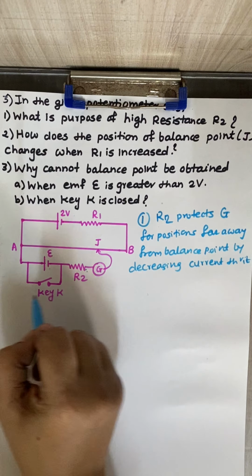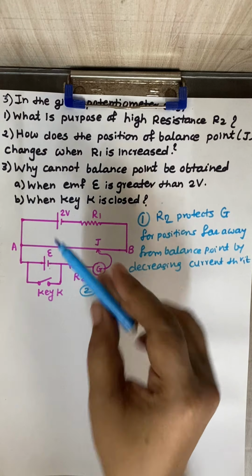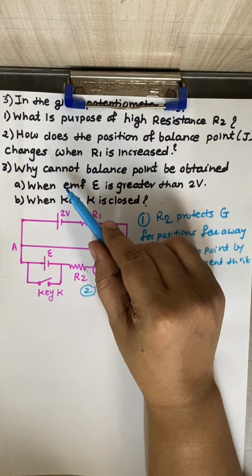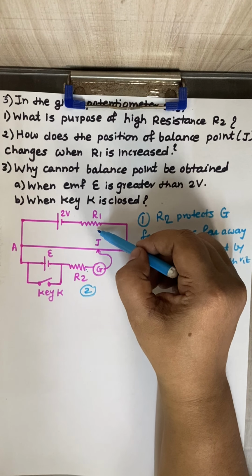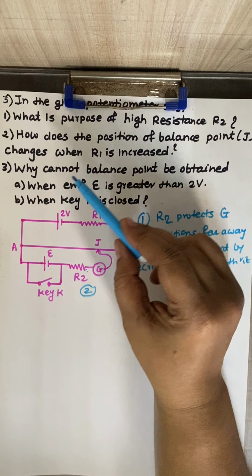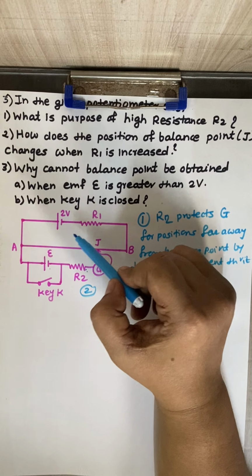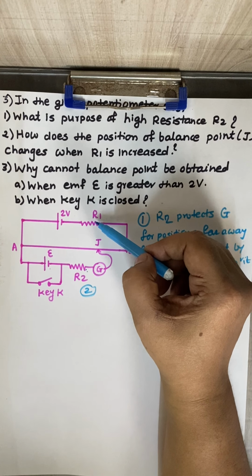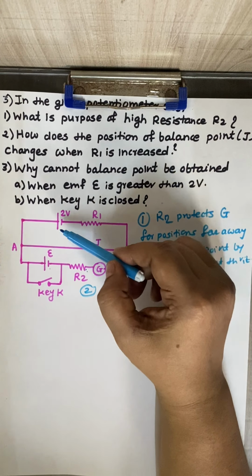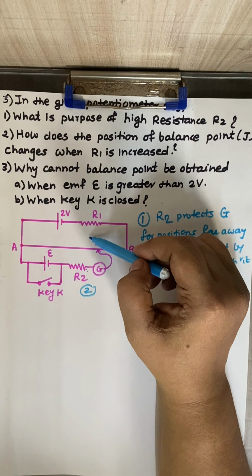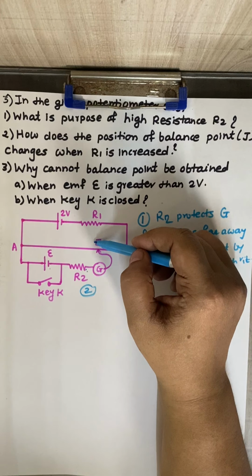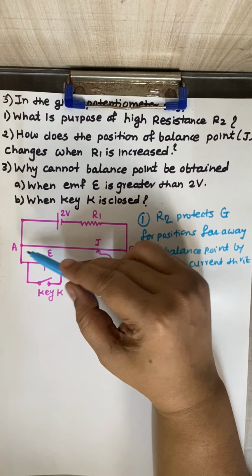Now the second question they have asked: how does the position of the balance point J change when R1 is increased? When resistance R1 is increased, the current in the driving circuit goes on decreasing. Obviously, if resistance R1 goes on increasing, then naturally the current in this main circuit goes on decreasing. This decreases the potential gradient across the wire AB.